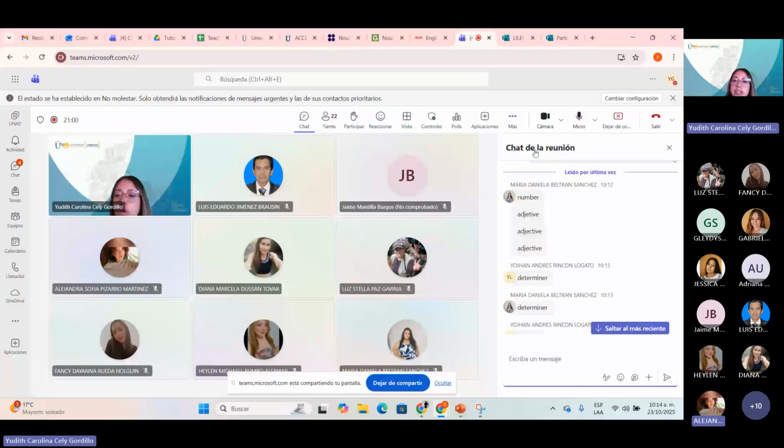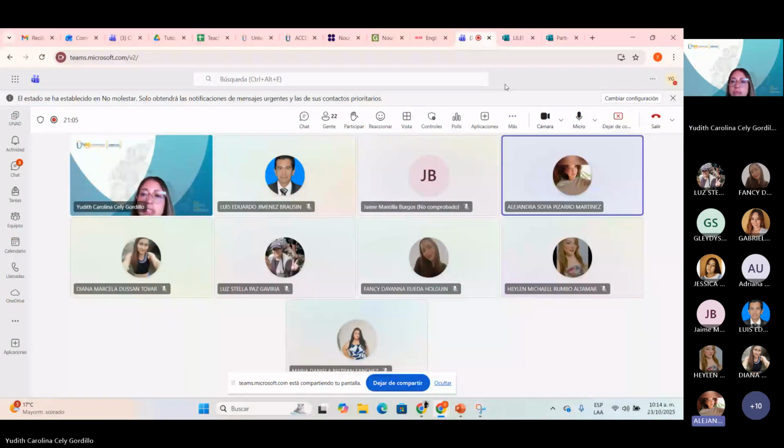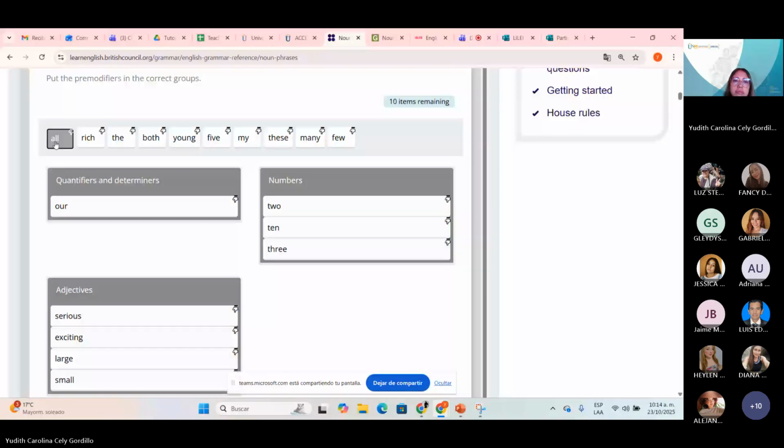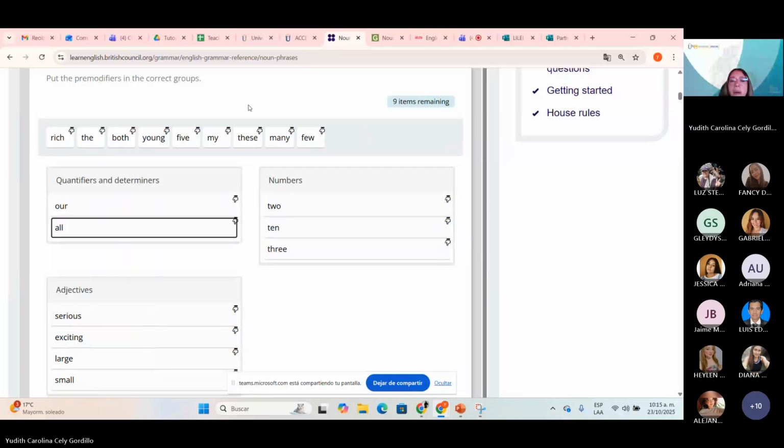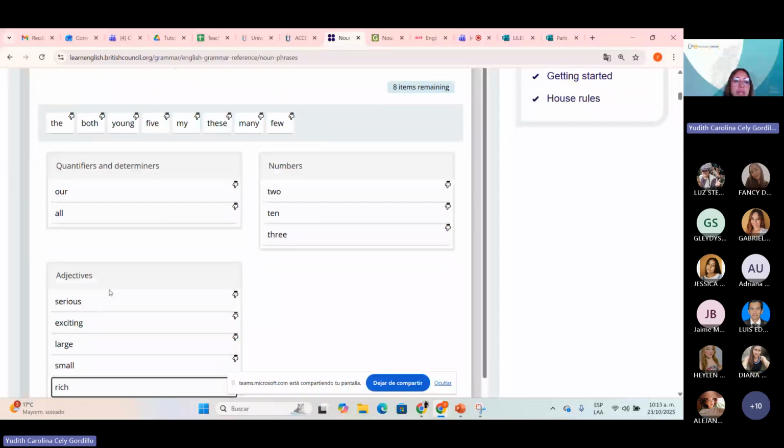Is this an adjective, old? Or is it quantifiers, determiners? Determiner. Quantifier. Rich. Adjective. So perfectly.